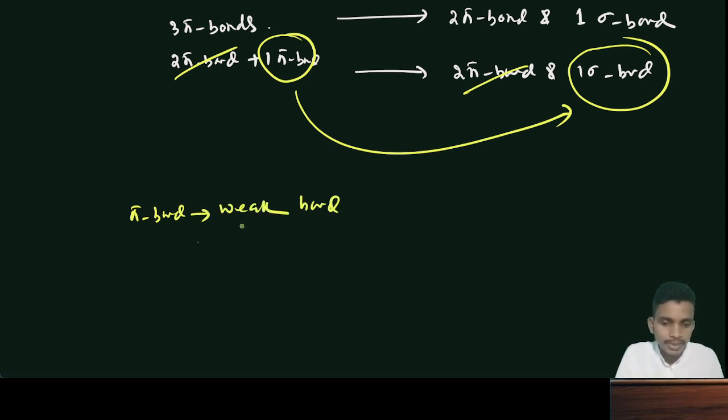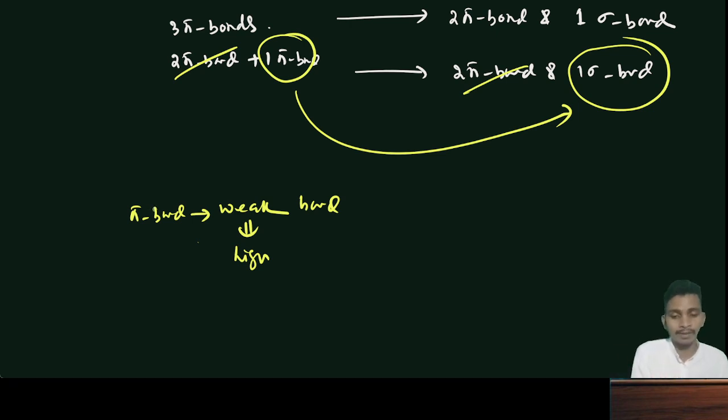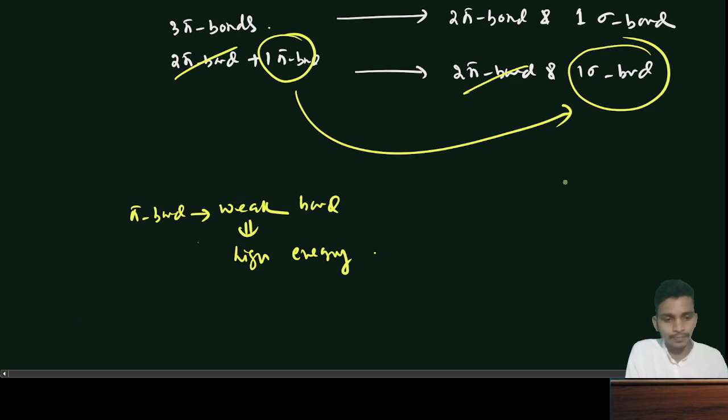Weak bond means it has high energy, because electrons want to be stable, and they are stable at low energy. So the pi bond has high energy, whereas the sigma bond which is forming is a strong bond.